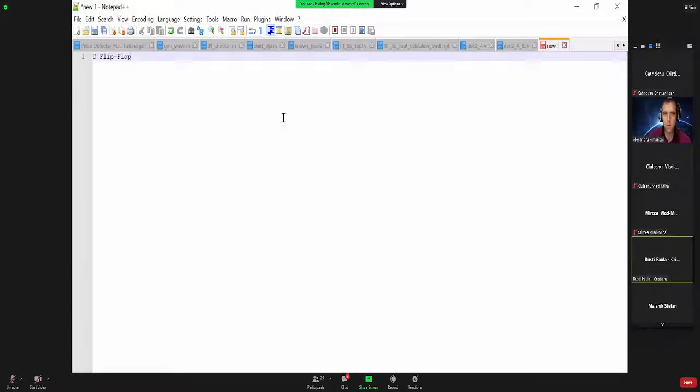So first of all, the D flip-flop is a synchronous component, okay? So it has this synchronization signal, which is called clock, okay? So this is the first. The second thing is that it changes only on the edge of the clock signal, okay?